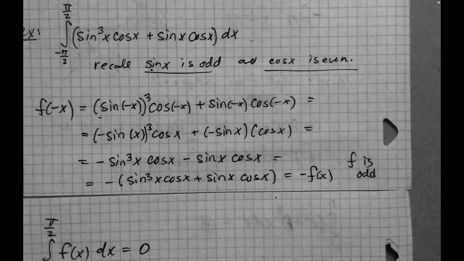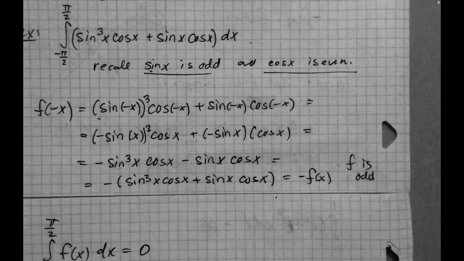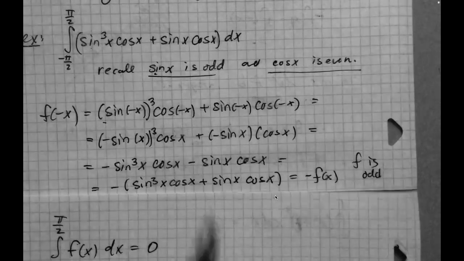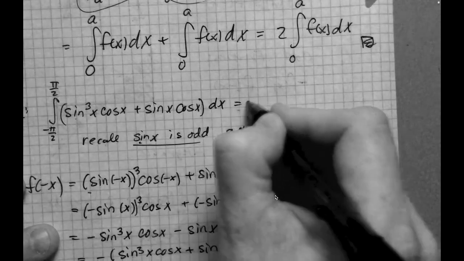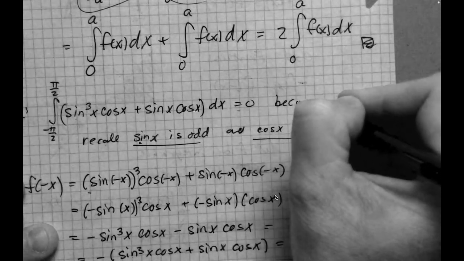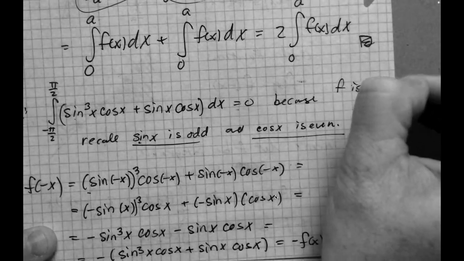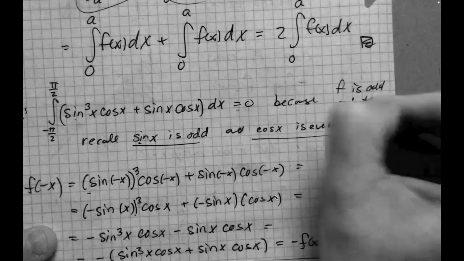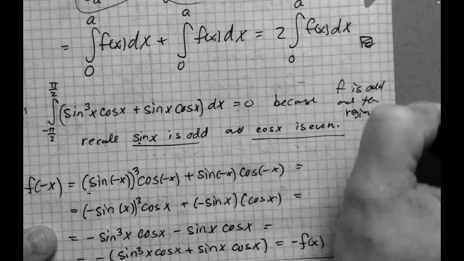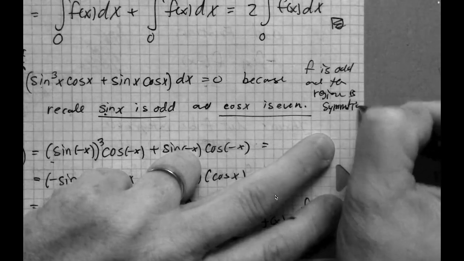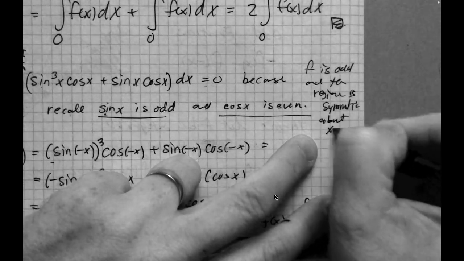By the previous theorem. Okay, so basically that means this integral up here is equal to 0 because f is odd and the region is symmetric about x equals 0.